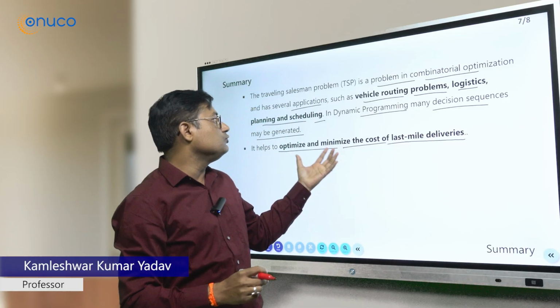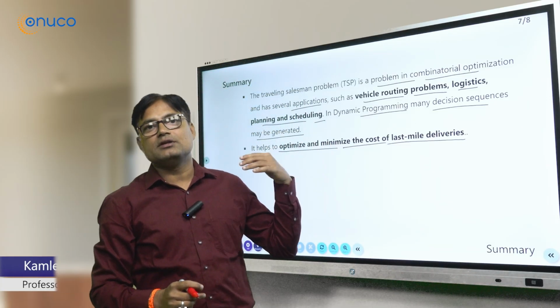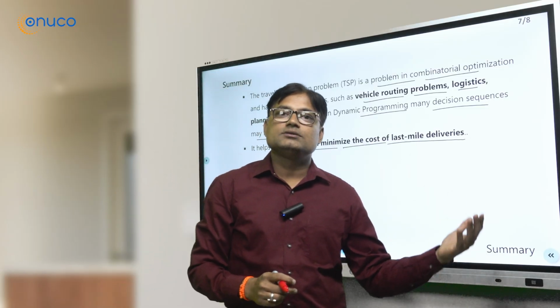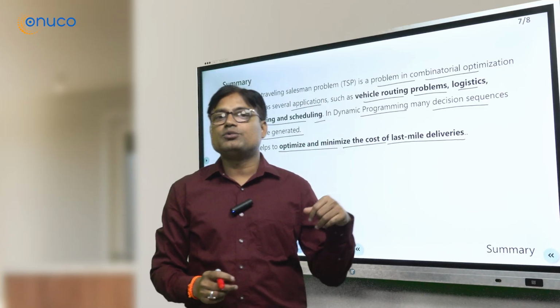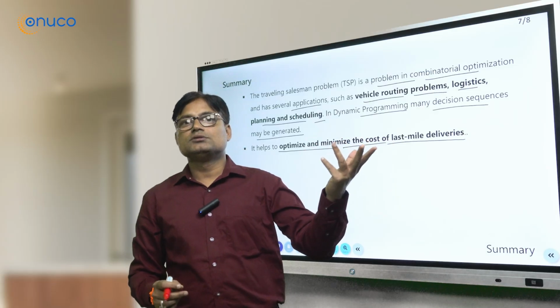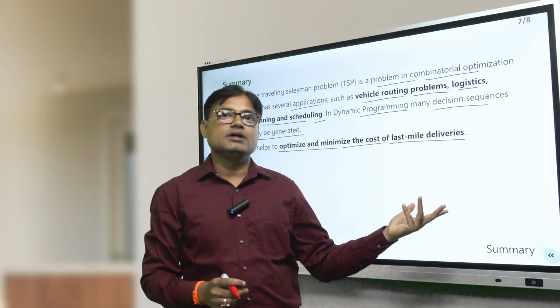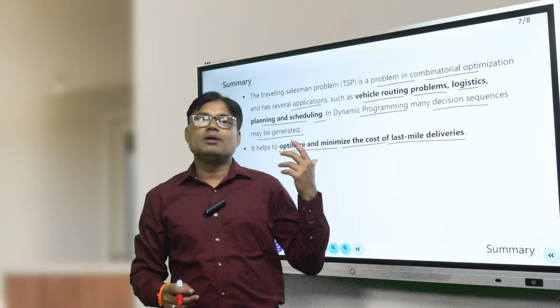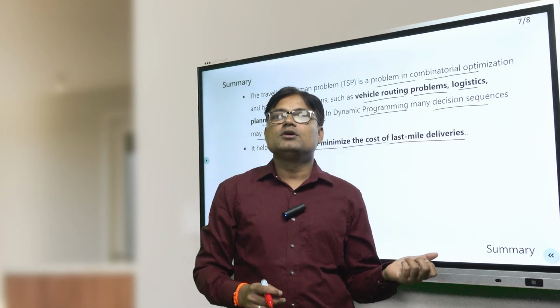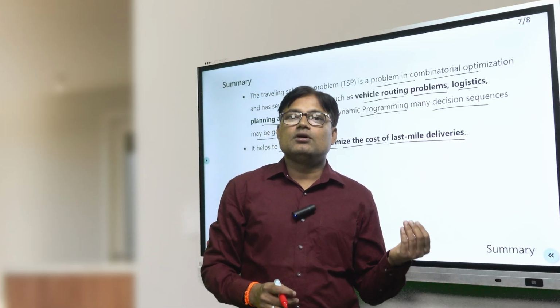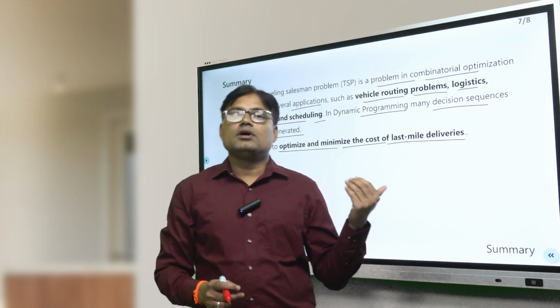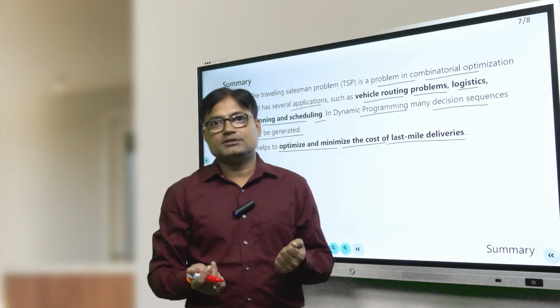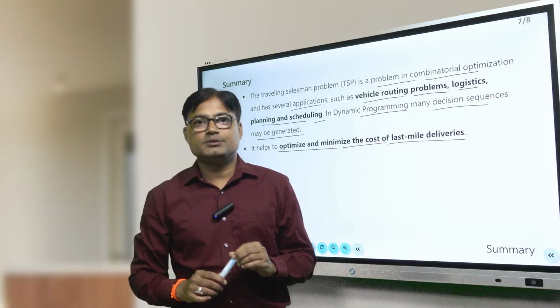Those who deliver day to day, whether Flipkart or Amazon products or food, have the tendency to complete the task in lesser time or lesser cost, covering lesser distance. So this is all about the traveling salesperson problem.